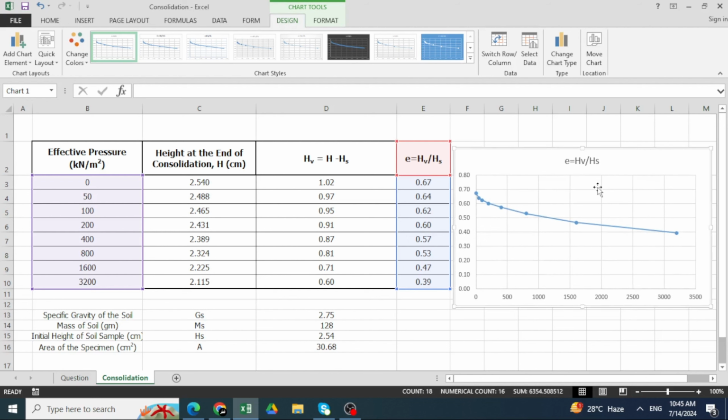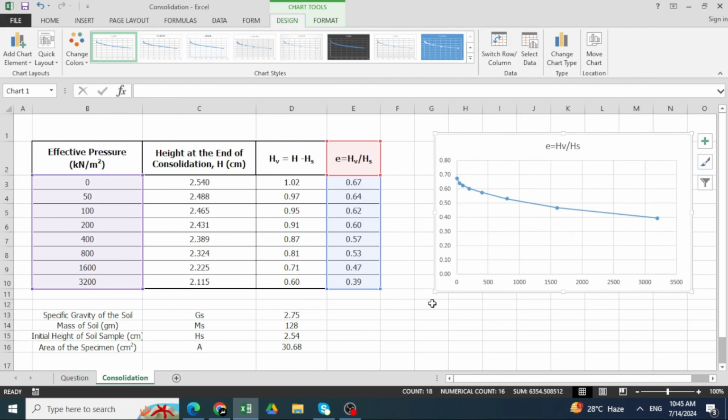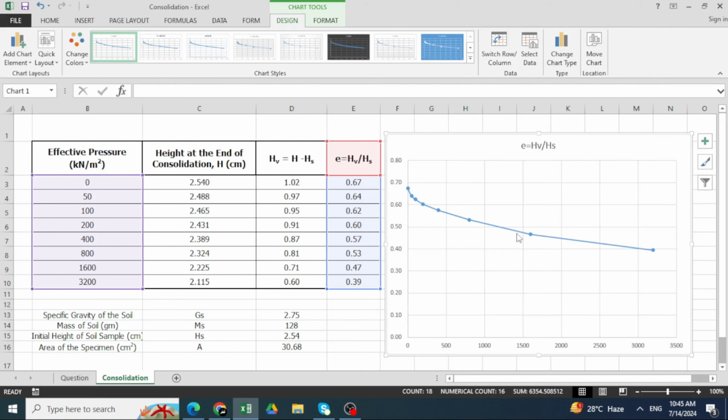Here are some values. On the right side here is the void ratio, and on the left there is the effective pressure. Dragging it down to keep it a little bit bigger, selecting the data. Now you can see that is the effective pressure on the bottom, and on the left here is the void ratio.